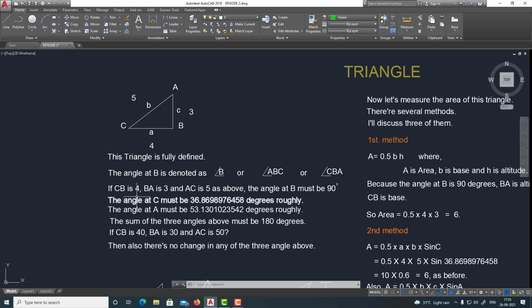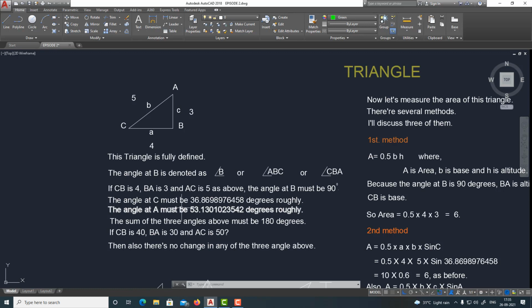If CB is 4, that is small a, if BA is 3, that is small c, and if AC is 5, that is B, the angle at B must be 90 degrees.